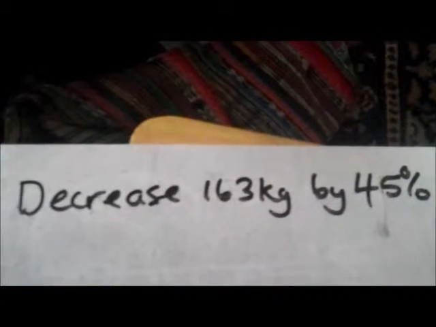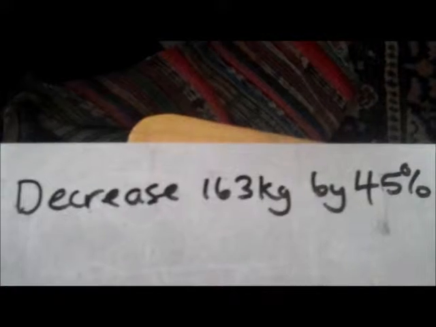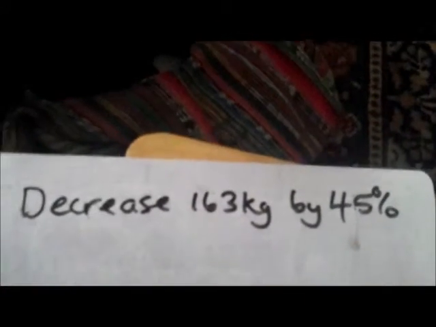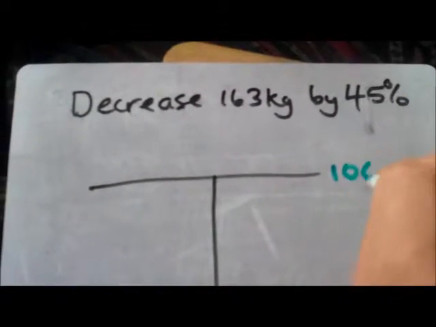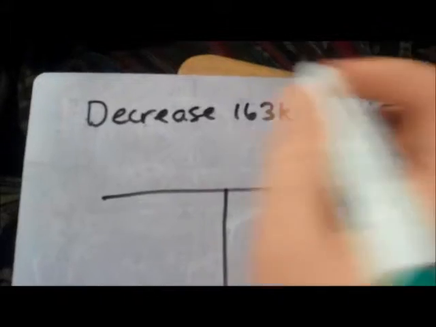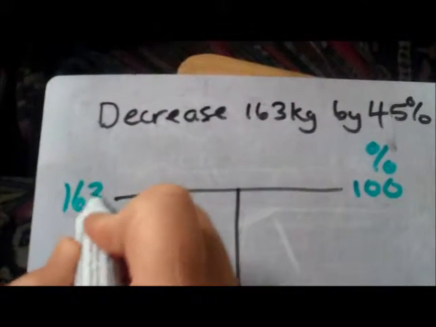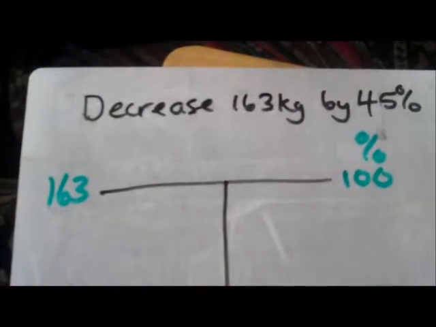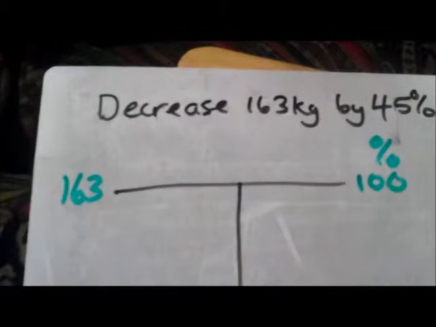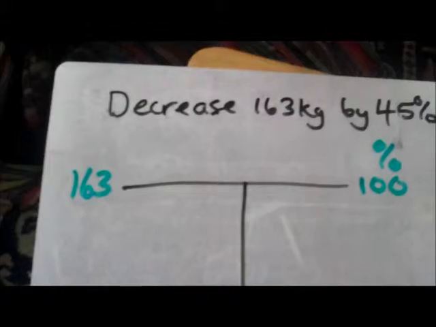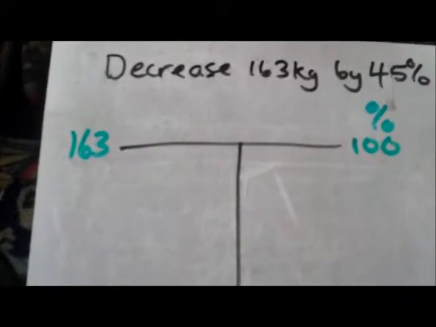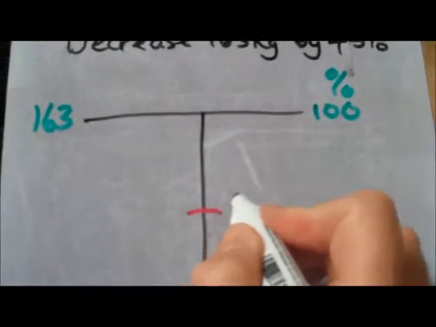So let's decrease 163 kilos by 45%. So my original 100% is 163. It's got my numbers on the left, percents on the right. If I do a decrease of 45%, I actually want to find 55% of the value.